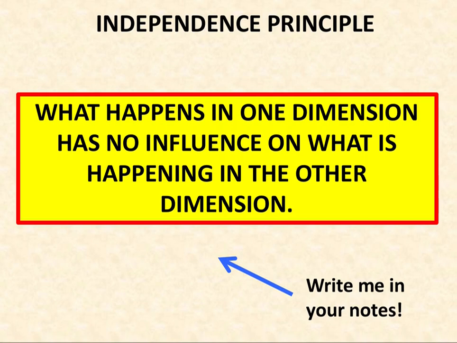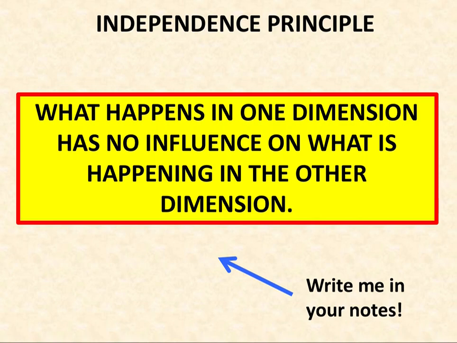Now, when I use the word dimension, I'm talking about the x dimension and the y dimension. So really what this principle tells us is that what happens in the horizontal direction has no influence on what is happening in the vertical direction. This may seem like a simple concept.